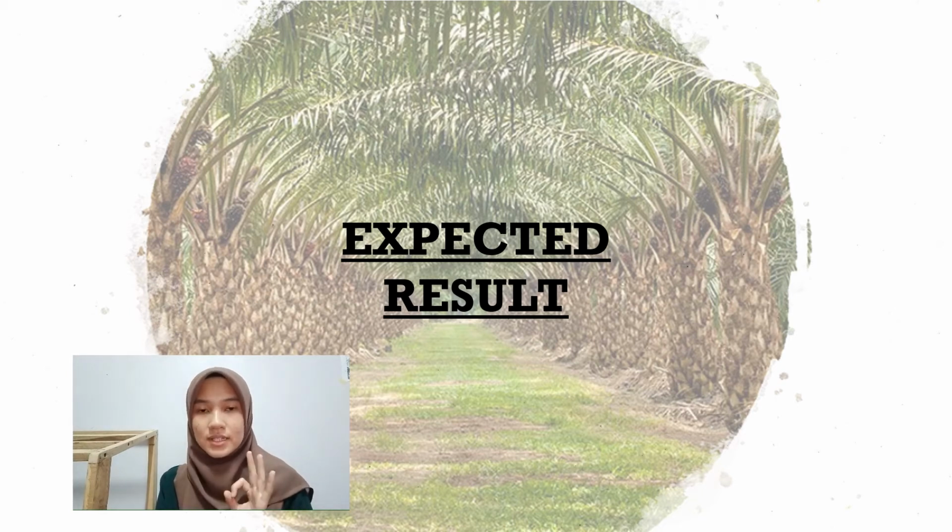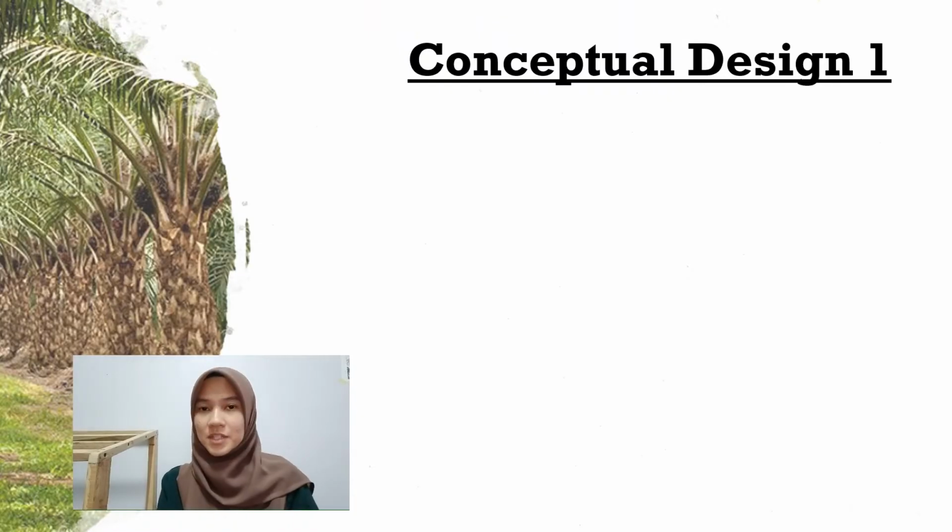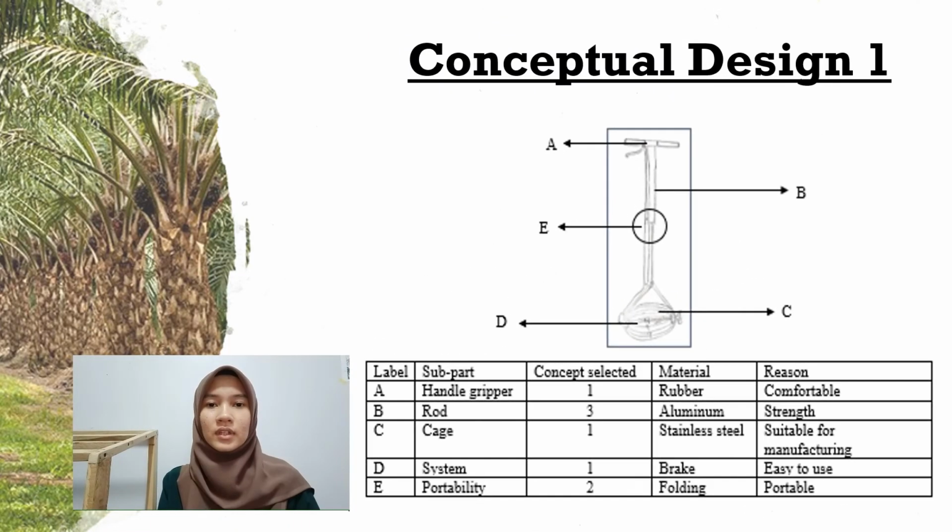There are 3 conceptual designs that were brainstormed. Let us begin with the first one. This design applies the braking system concept to expand and release the wire roller cage. Fundamentally, it can help in finding a solution to collect loose fruits on wet and soft soil.